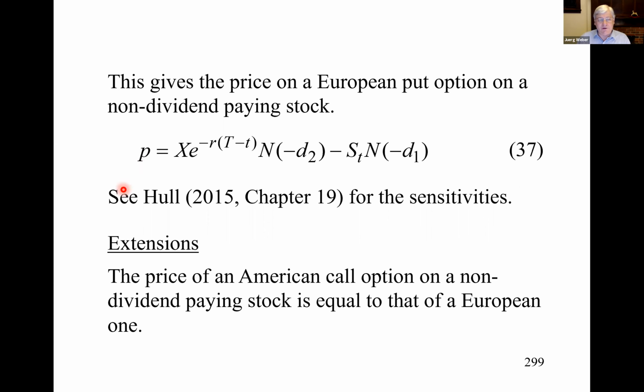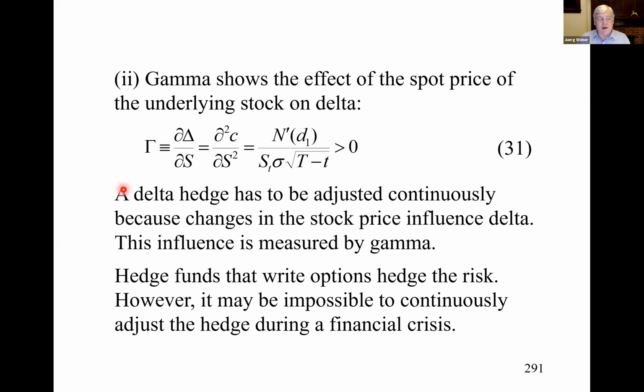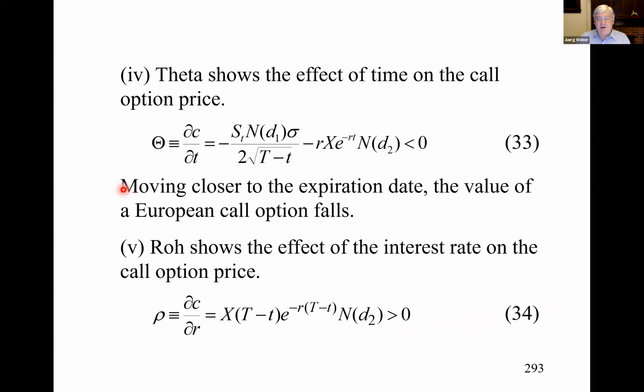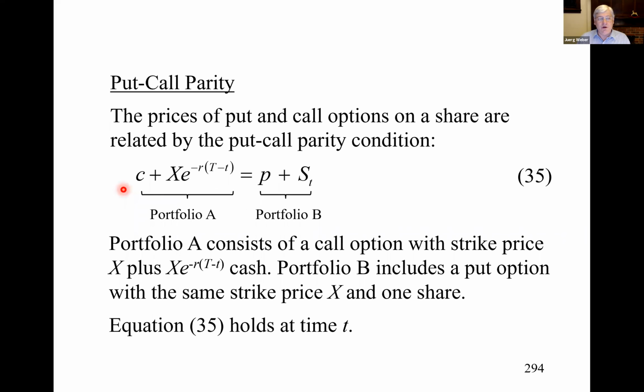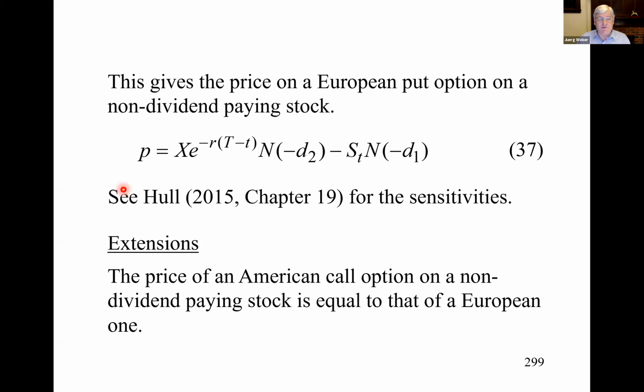I only gave it to you for the call option: the delta, the gamma, the vega, the theta, the rho. Naturally, you have different partial derivatives for the put options. You will find them in the Hull book. I don't go through it, it's too much repetition, but they will look different from the ones for the call option.